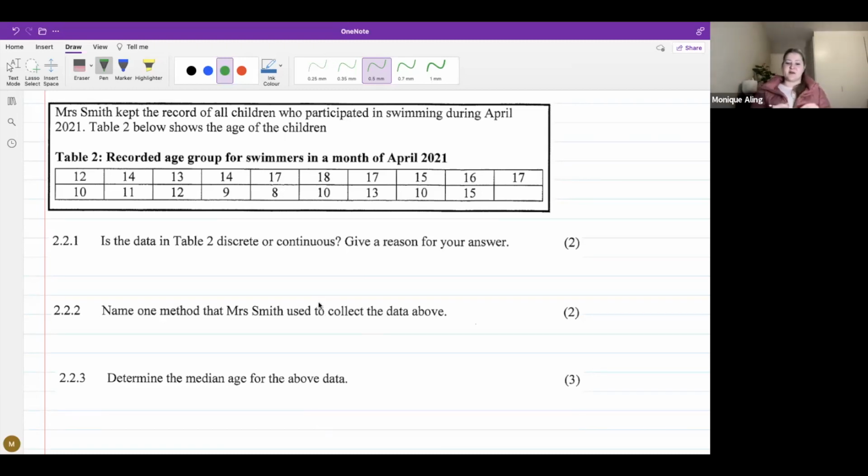Okay, anyone else? What are we saying it is? Yeah, it is numerical, but numerical is split up into discrete and continuous.